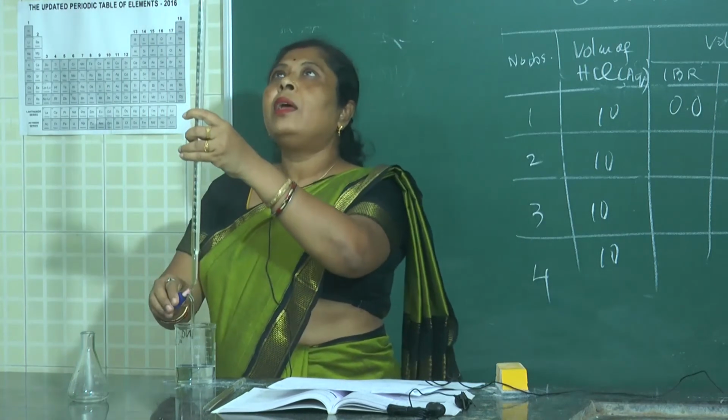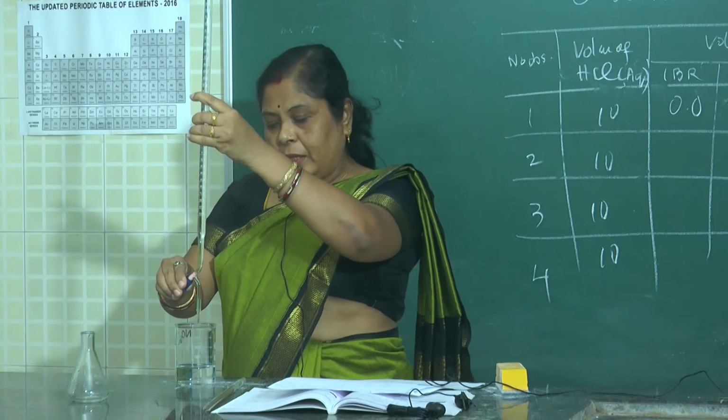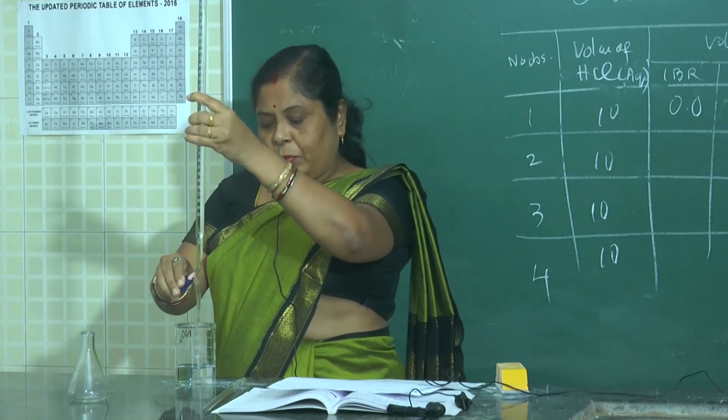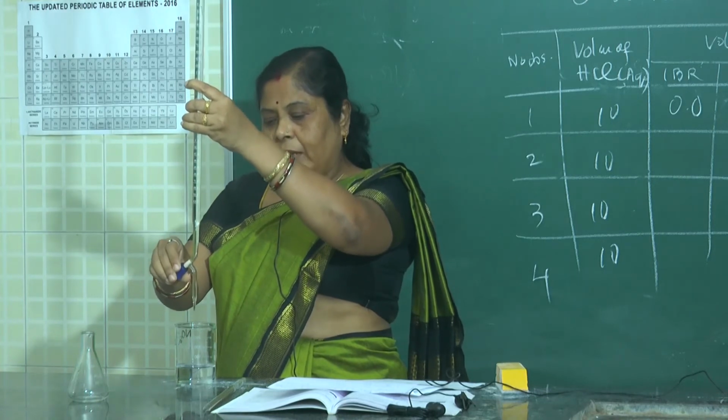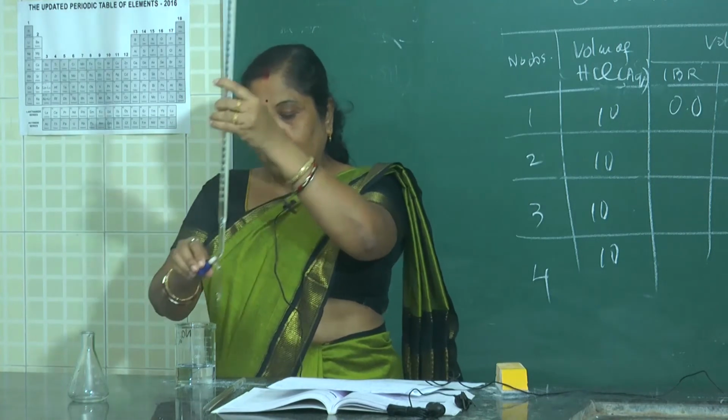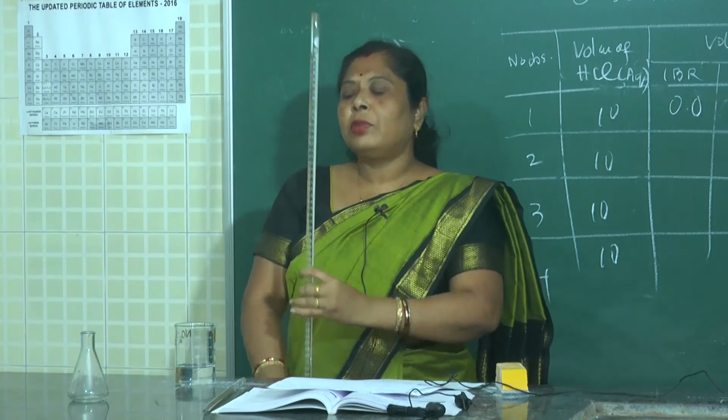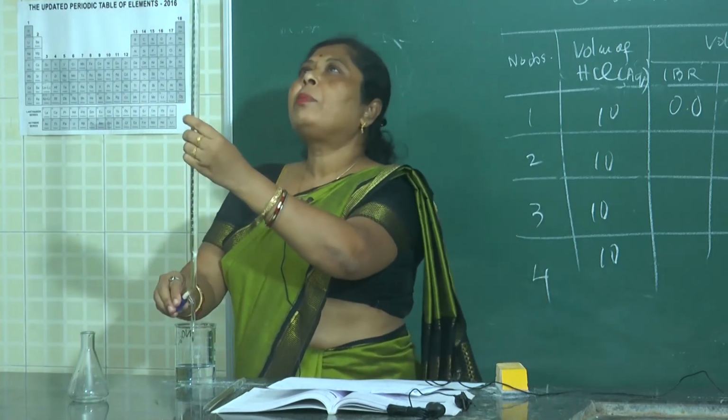Now I am removing the air gap. First we have to open the knob so that the air in the portion below the burette is removed. Then we have to adjust the level to 0 by operating the knob.